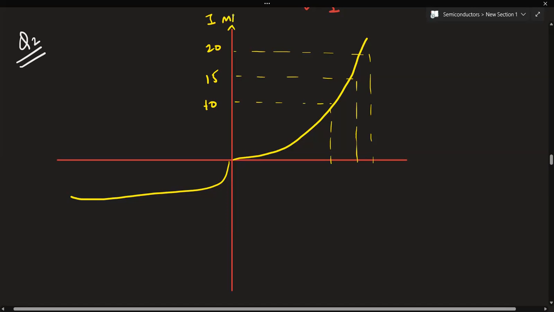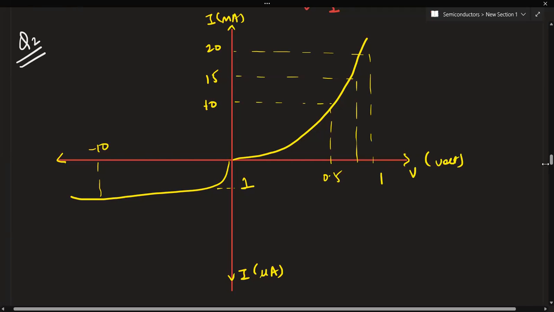Milliamperes, yes. And let's say this represents 1. So this will be current in micro or milli? Microampere, yes, correct. So let's say this voltage is minus 10 and this is 0.5. This is unknown, not given to you. This is 1 and this is the voltage given in volt.